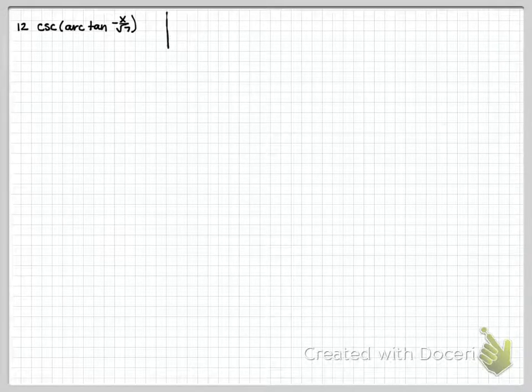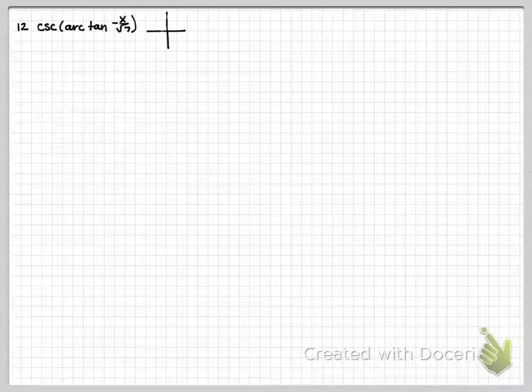So let's look at number 12. We're almost done. I want the cosecant of arc tan negative x over square root of 7. So, again, let's look at our restriction. This time it's negative.